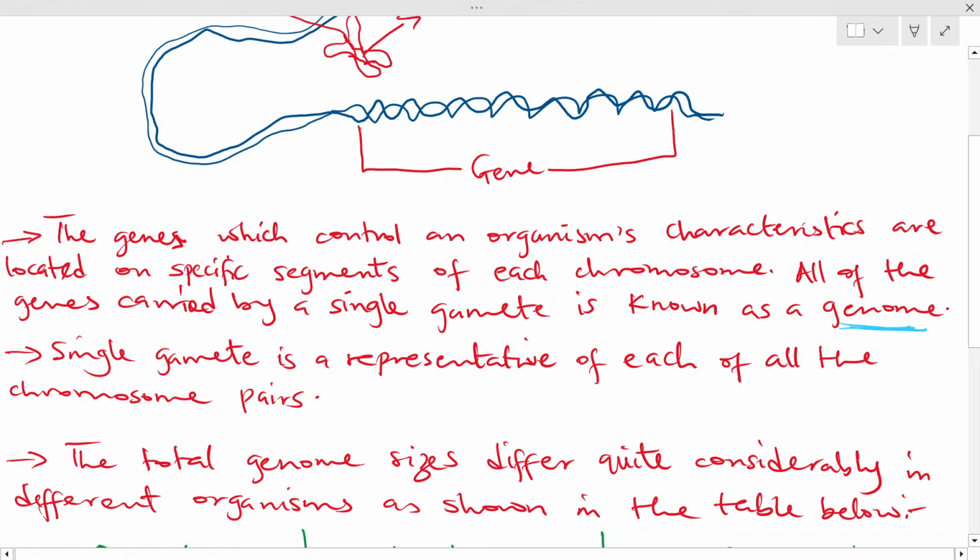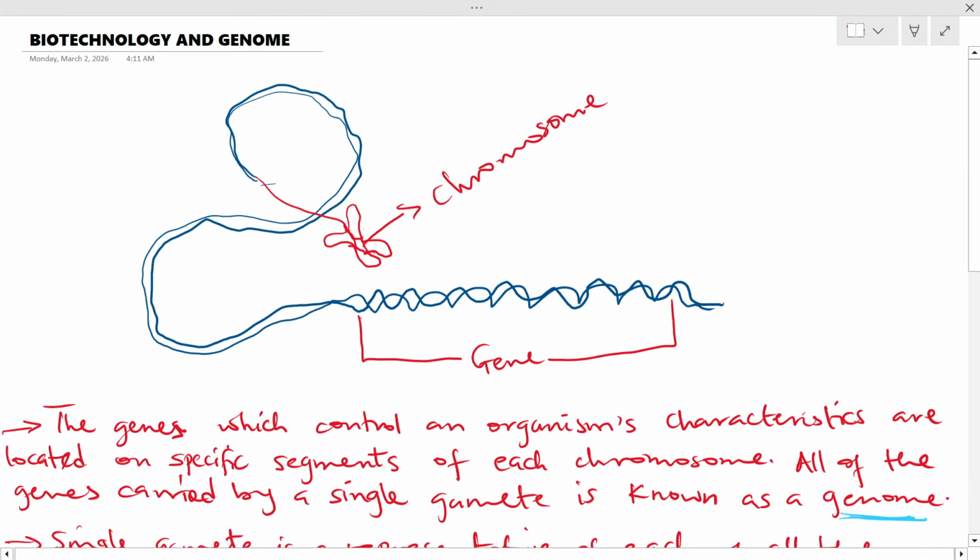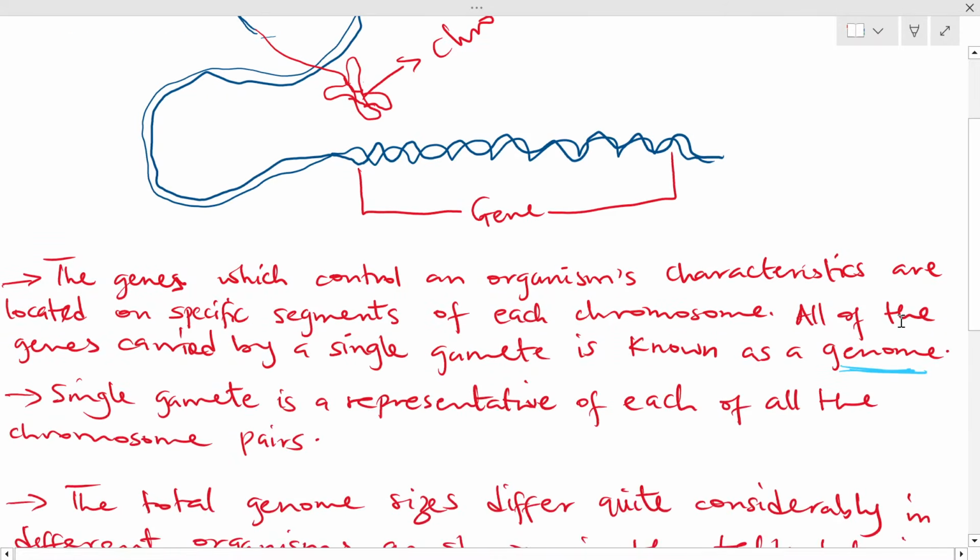Alright, so we saw that this DNA is in chromosome pairs, and the structure of the chromosome pairs is what is shown right here, having the chromosome and a segment of it coiled around each other, that contains what? The genes.